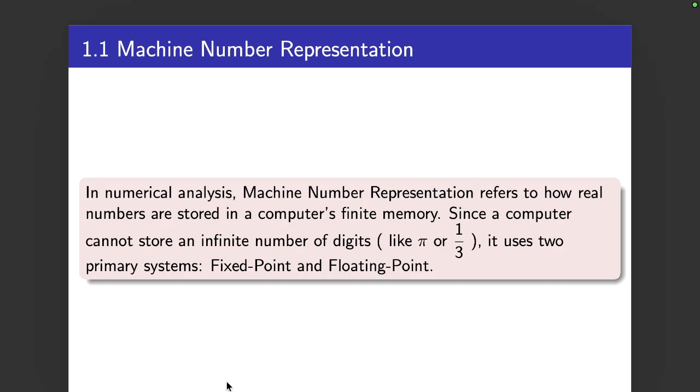Since a computer cannot store an infinite number of digits, like pi, which contains an infinite number of digits, and 1 by 3, which also contains infinite digits, 0.3333, we use two systems, fixed point and floating point.